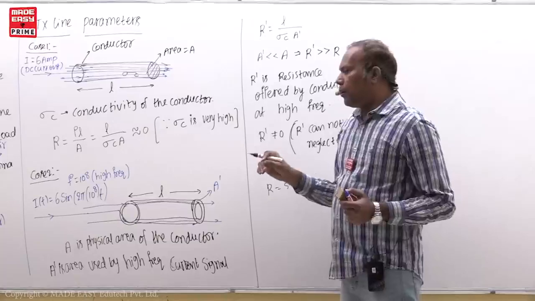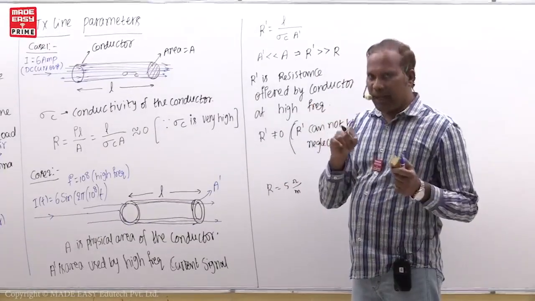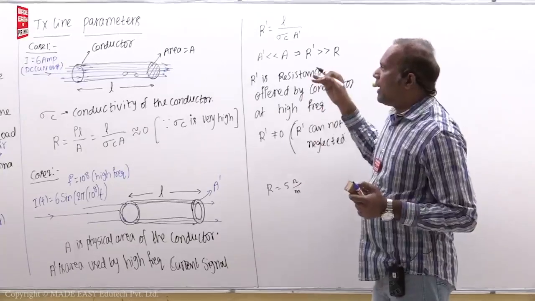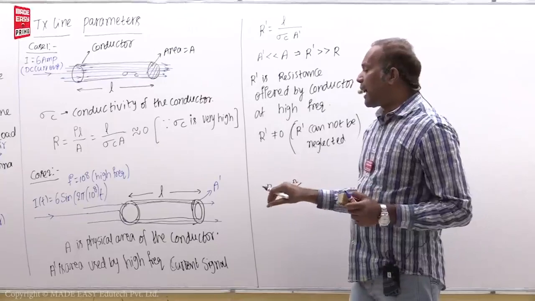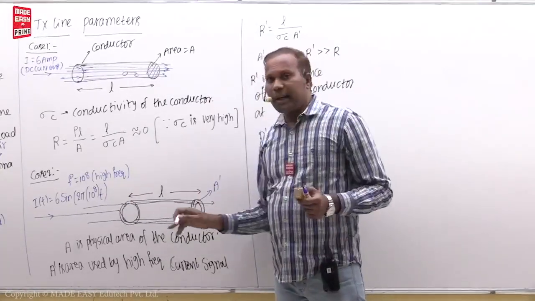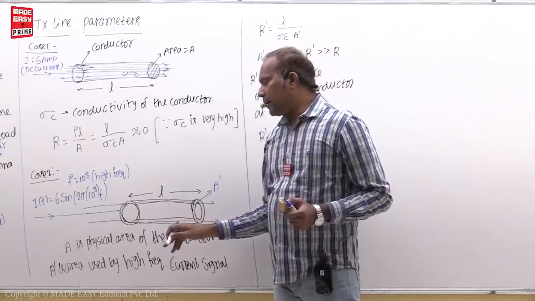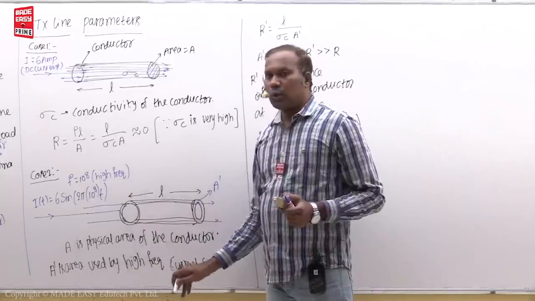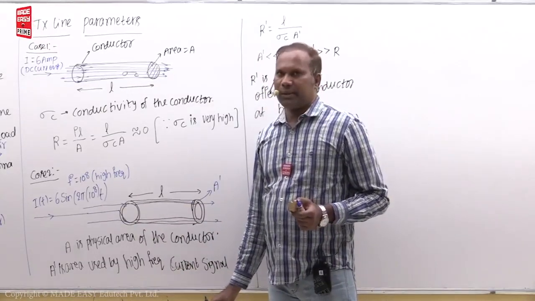Now this resistance is called series resistance. Series means the parameter is produced due to the current going inside or through the conductor. Then that parameter is called a series parameter, dear students. Okay.